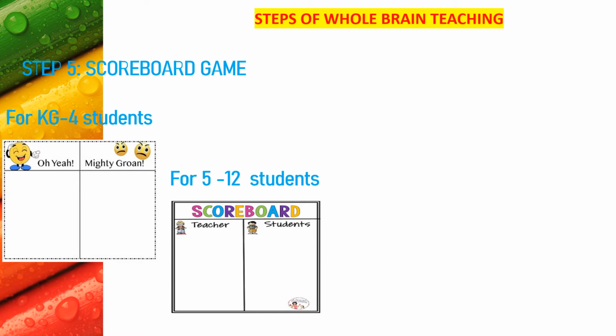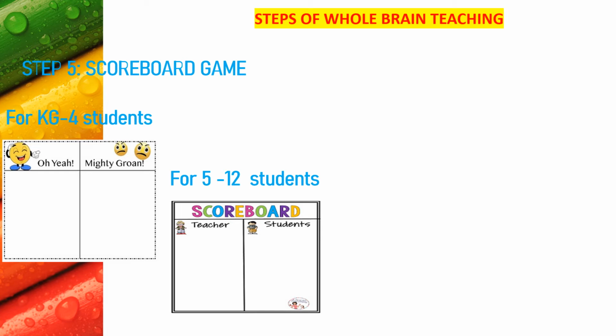But for elder students, from 5th to 12th standard, the teacher gives herself marks and the students mark themselves. As the student performs well they get points, and if the teacher performs well they get points.